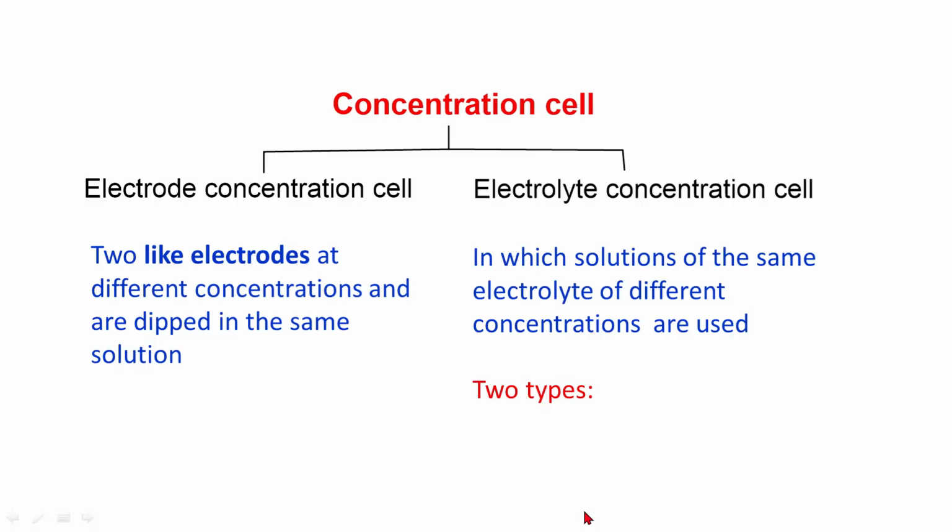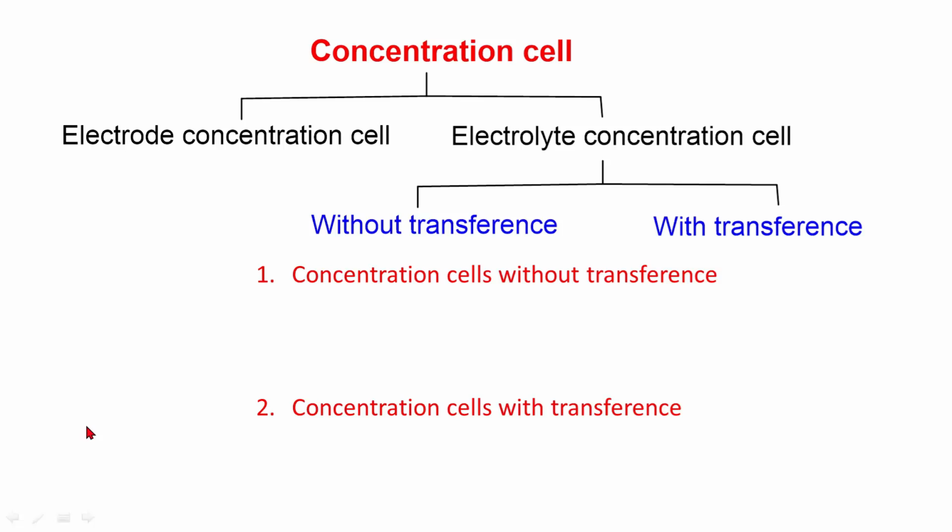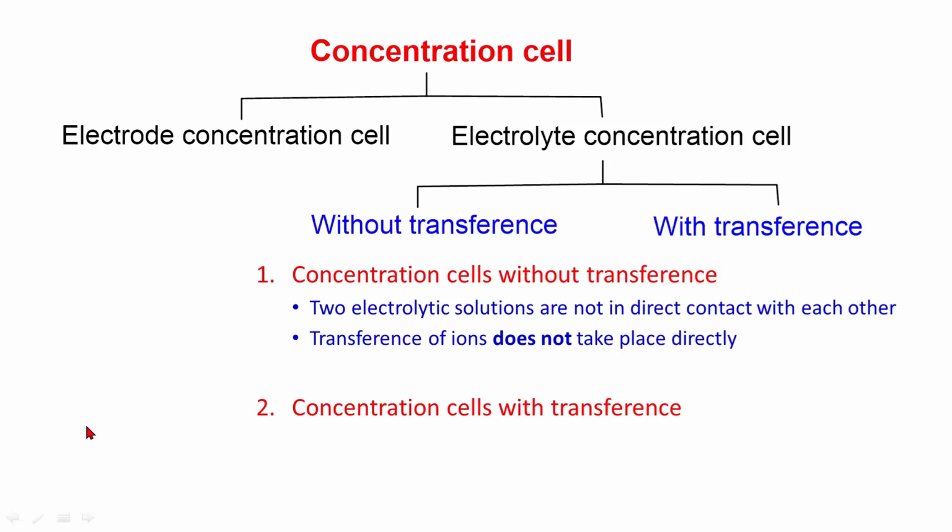Electrolyte concentration cells are of two types: electrolyte concentration cell without transference and electrolyte concentration cell with the transference. In concentration cells without transference, two electrolytic solutions are not in direct contact with each other.